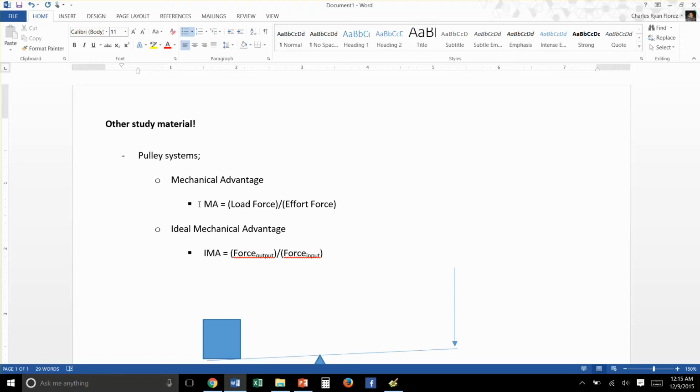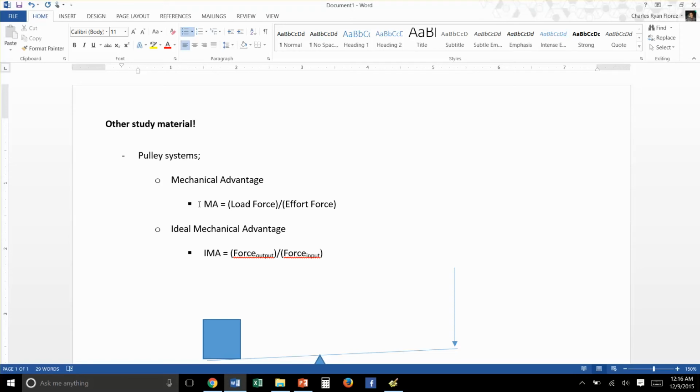So it has a great mechanical advantage, but the distance that you would need to pull down on the rope in order to get the load to barely move at that point in the system is large.